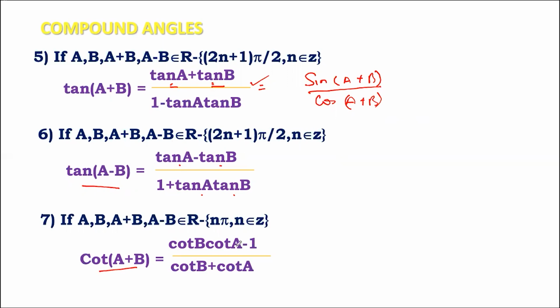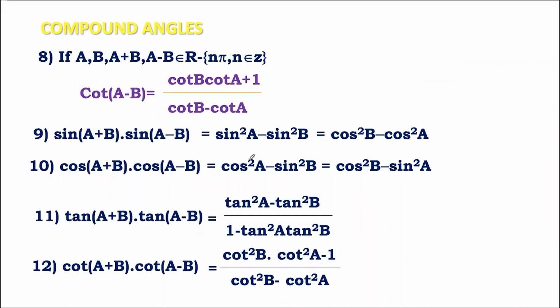So you are getting the formula for cot of a minus b and cot of a plus b: cot a cot b plus 1 upon cot b minus cot a. You can also apply the tan one.